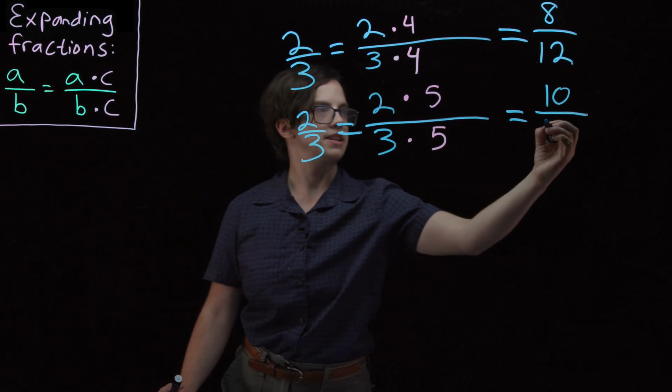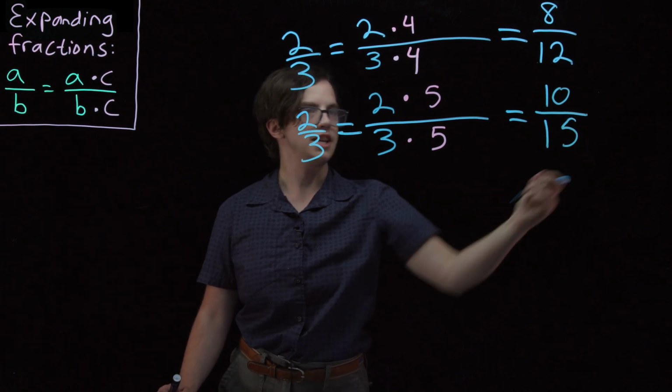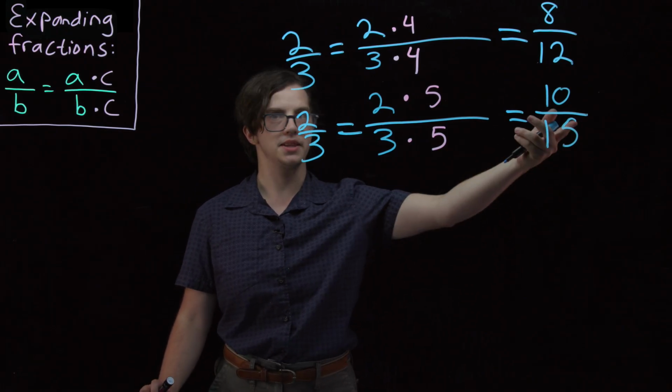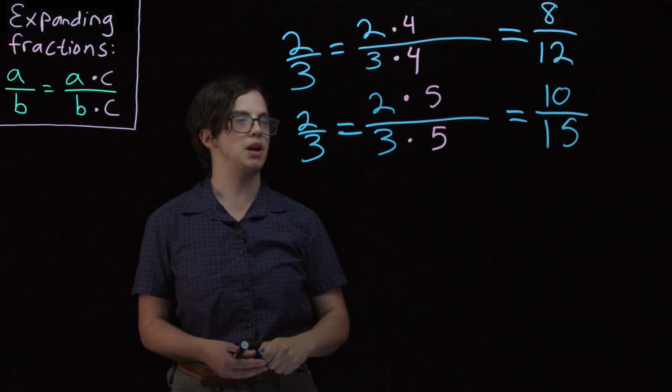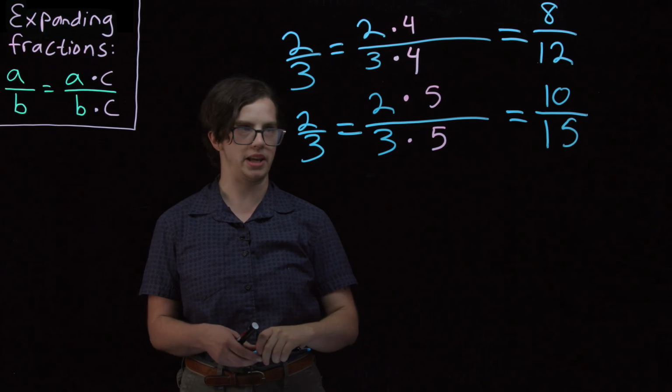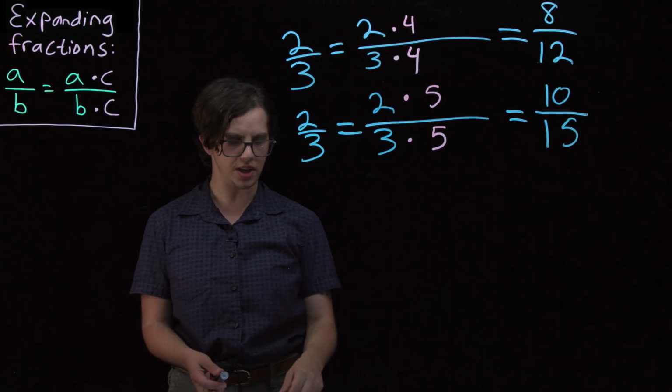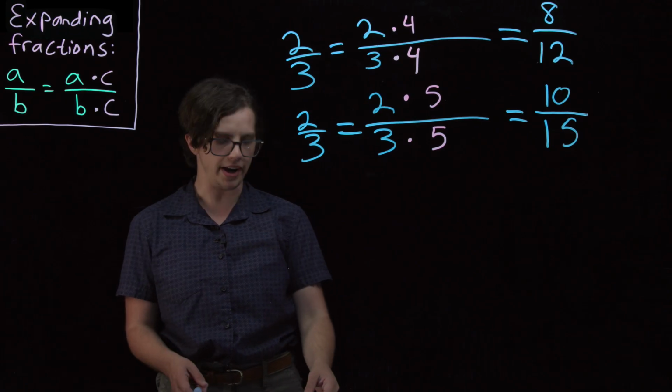And 3 times 5 is 15. So 2/3 is also equal to 10/15, which we found by expanding the fraction by multiplying the numerator and the denominator by 5. There's nothing special about the fraction 2/3. We could do this with any fraction we wanted.